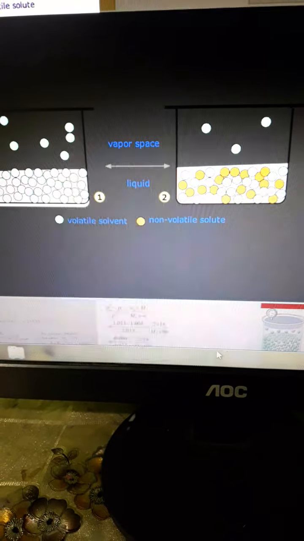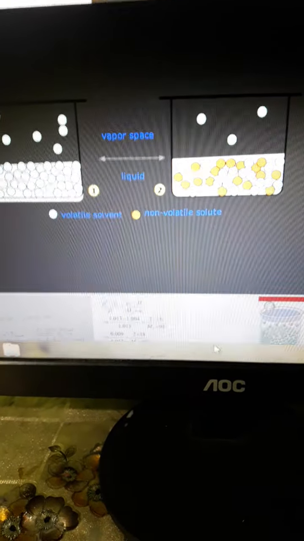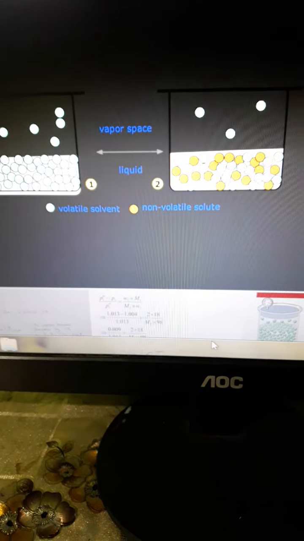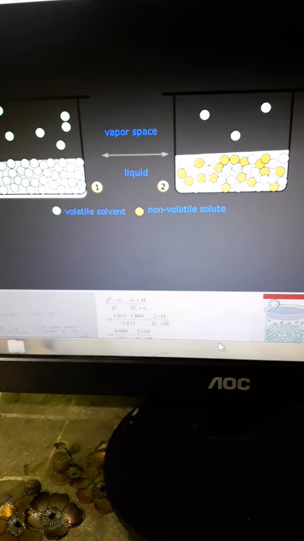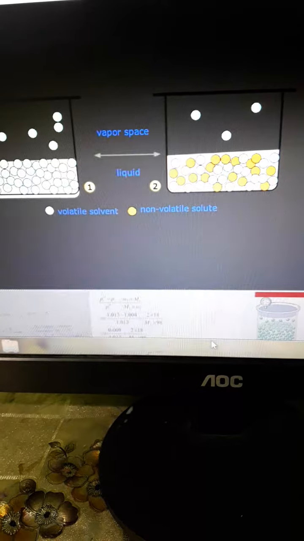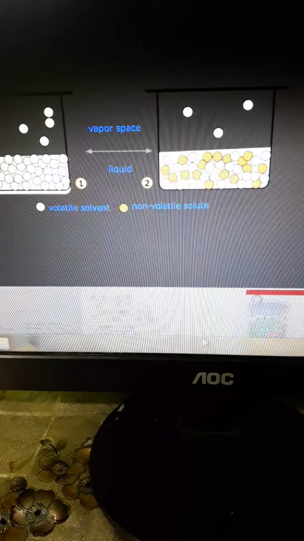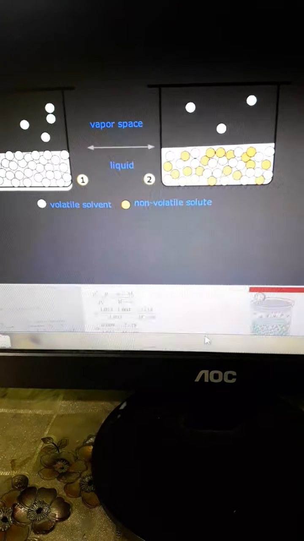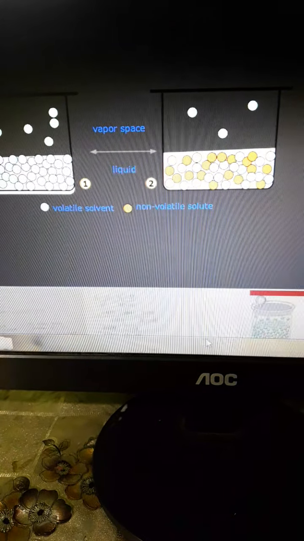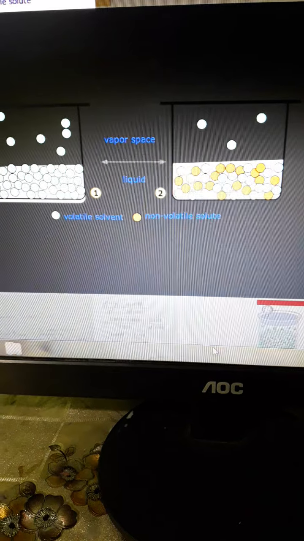So the surface area becomes less. Rate of evaporation becomes less. When the rate of evaporation becomes less, less vapor pressure is exerted on the walls. Vapor pressure becomes less. There is lowering of vapor pressure. All this explanation will be done further in Raoult's law.